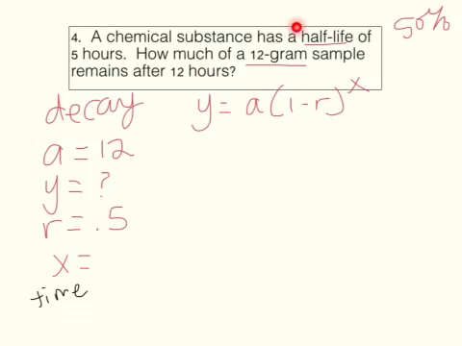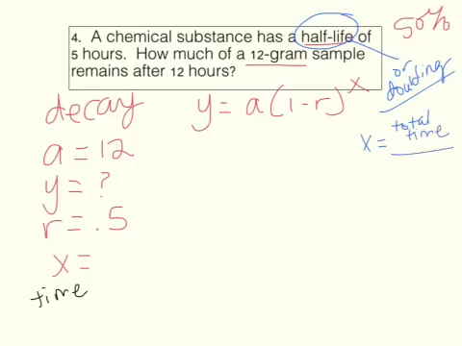Anytime you see something that says half-life, it means it's cutting in half every so often, or doubling, if it's doubling every few hours. That should trigger that our x value is going to be the total time of the decay or growth, over whatever the doubling or half-life time is.